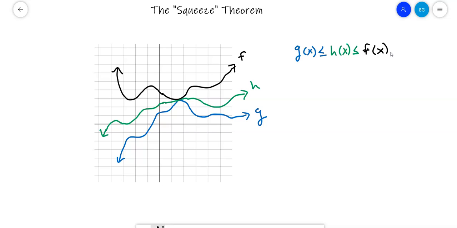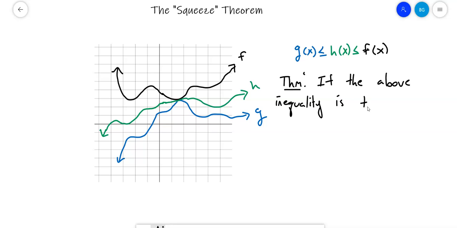And what's nice is that I can now say something about the limits of these three functions kind of in conjunction with each other. So here's what I'm going to say. We'll say theorem. If the above inequality is true, and we have a couple criteria here.